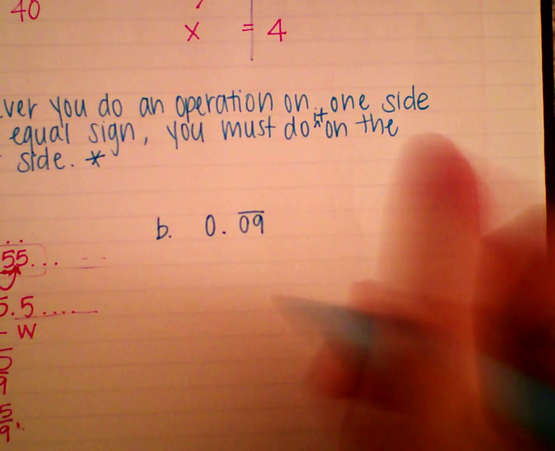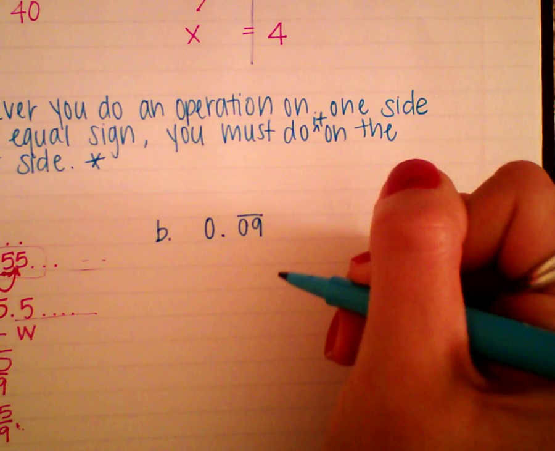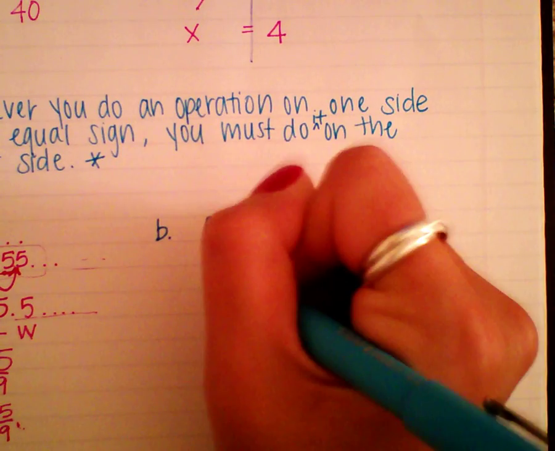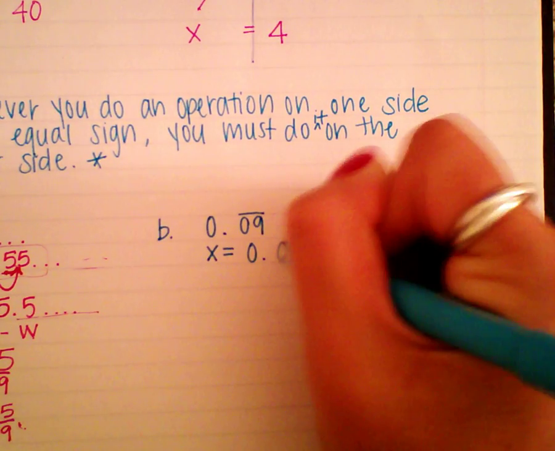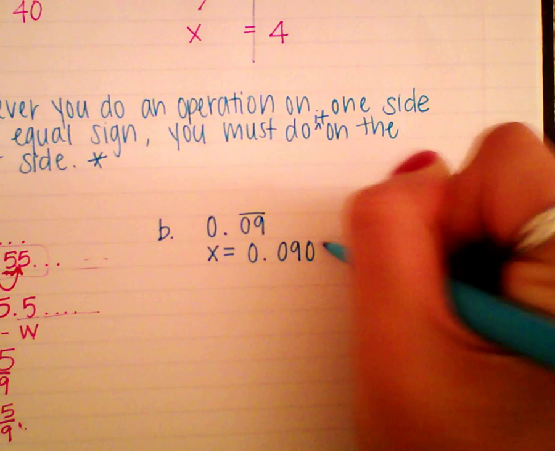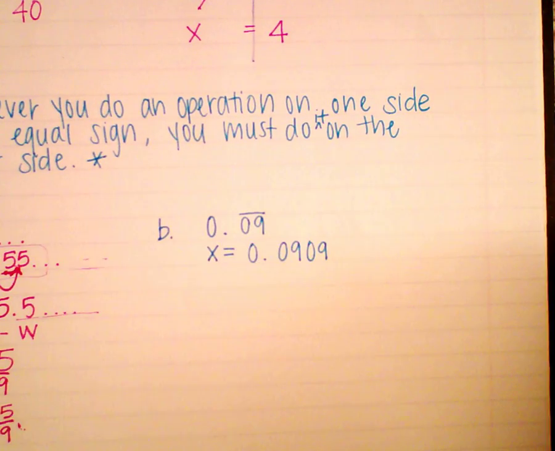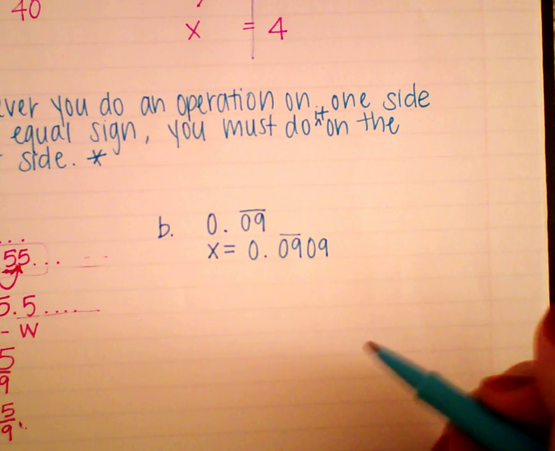This time I'll switch it up. Okay, I heard you complaining out there. X equals 0.090909, but I don't need to write all that because I'm going to get tired, so that's why we just use that one little bar.